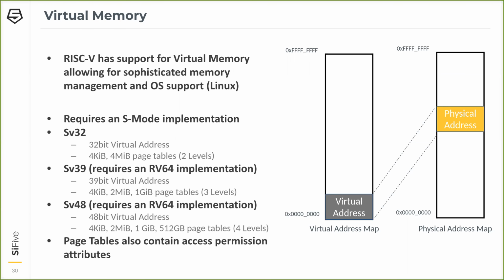And then SV48 gives you a 48-bit virtual address space, also requiring a 64-bit implementation. And as you would expect, the page tables in RISC-V's virtual memory architecture also contain the access permission attributes for a given page. So whether or not that page in memory is accessible by lesser privileged modes and what the exact permissions are.